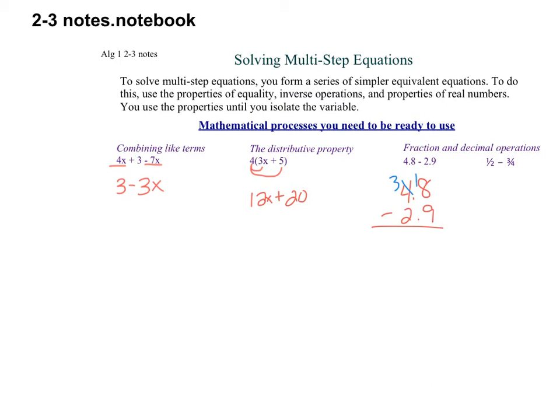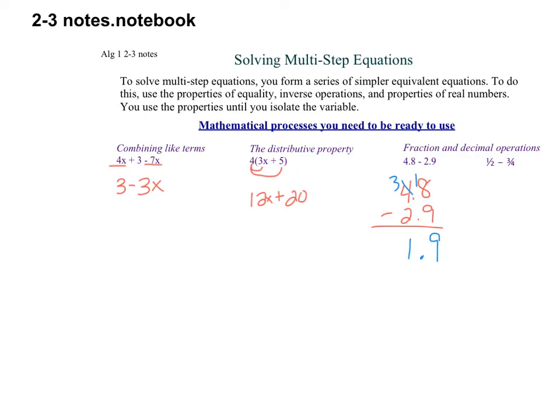Now all of a sudden, it looks a little easier. This is for folks that need a little bit of extra practice. So 18 minus 9 is 9. 3 minus 2 is 1. 1.9 is what we get when we subtract 2.9 from 4.8.